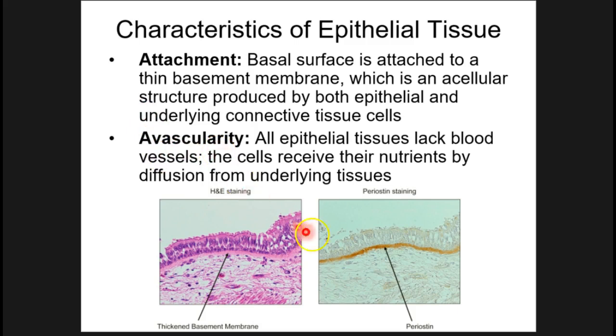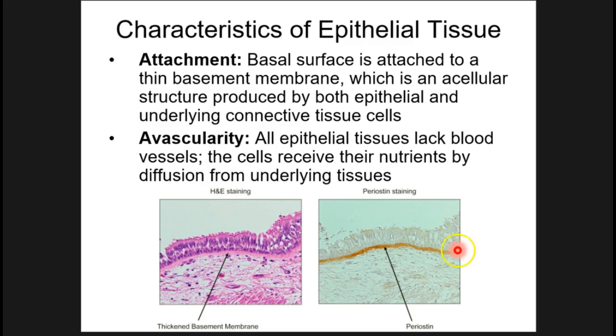There are no blood vessels, so there will be no blood vessels in any epithelial tissue. Now, what are blood vessels there to do? Why do we have blood vessels at all? You need blood flow because it's bringing something to your tissue. What's it bringing? Life, sure. Oxygen and nutrients is what it's bringing.